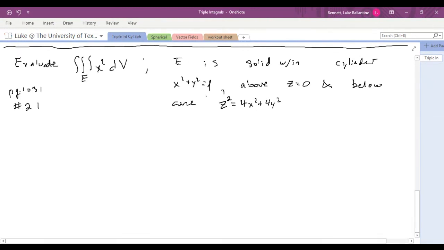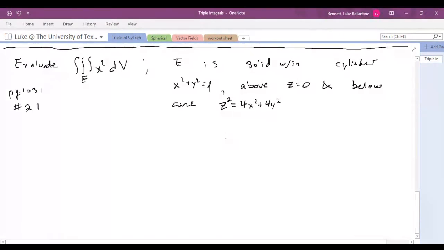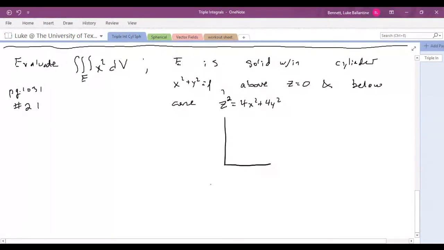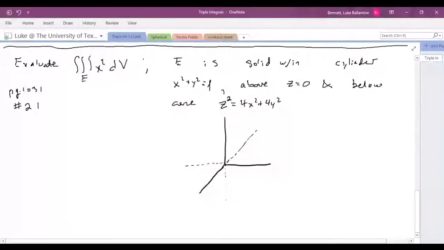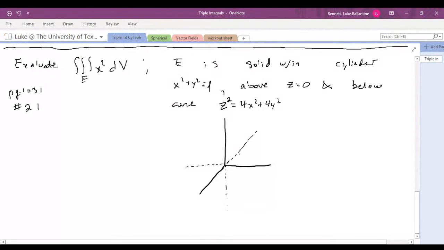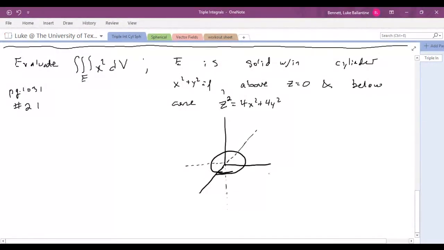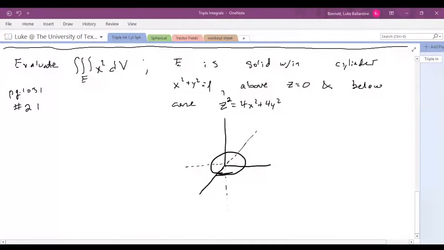E is a solid within the cylinder x squared plus y squared equals 1. So what does that tell us about r? If x squared plus y squared equals 1, then r will lie in between what two values? Zero and 1. That's perfect.